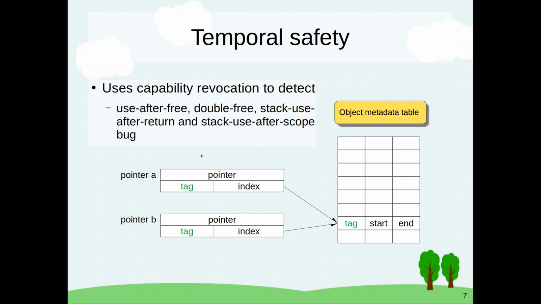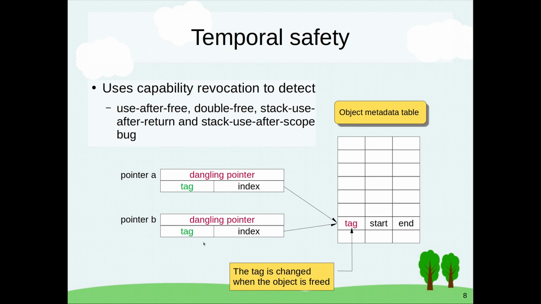So now let's look at how it supports the temporal safety check. Normally in a program, there will be multiple pointers pointing to the same object. So in this figure, you can see that pointer A and pointer B are both pointing to the same object. So they are followed by the same capability.